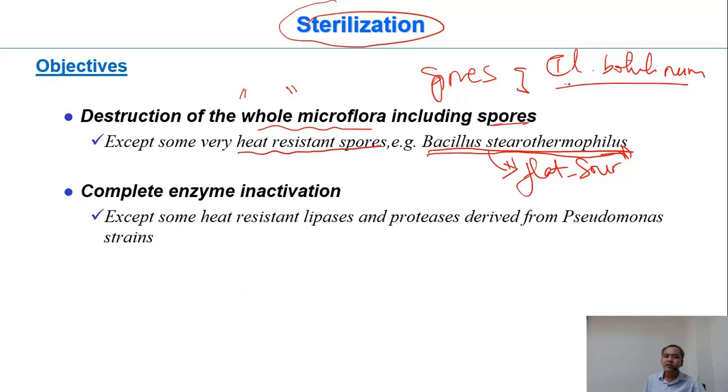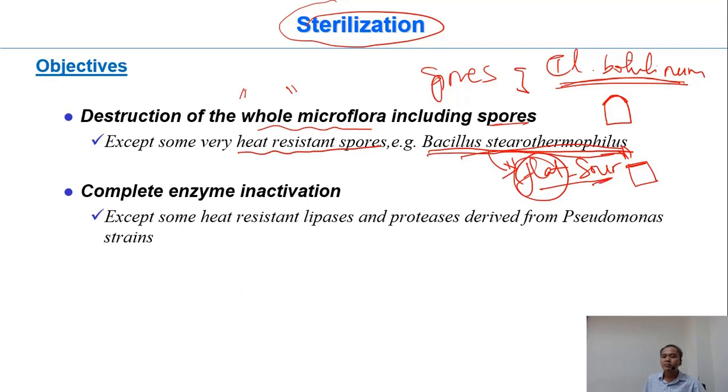When Clostridium botulinum grows, it will produce gas. If you have a canned product, for example, and this bacteria grows and produces gas, the lid of the can is swollen. But when the flat sour bacteria grow in the can, they will not produce gas, so the product is spoiled but the lid is still flat.